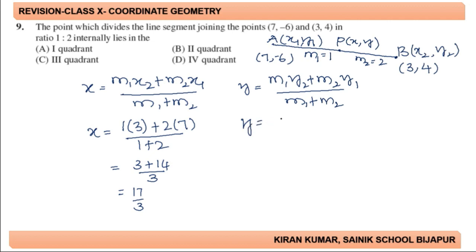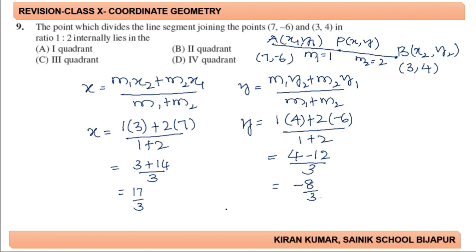The y coordinate is (1 times 4 plus 2 times negative 6) divided by (1 plus 2). We have 4 minus 12 divided by 3, which is negative 8 by 3. So the point P has the coordinates (17 by 3, minus 8 by 3).